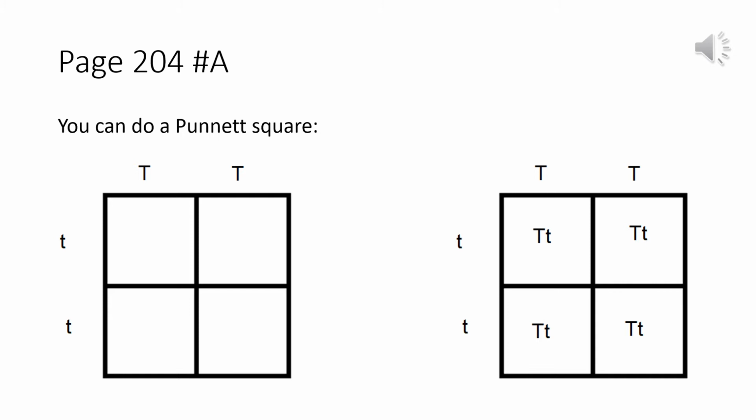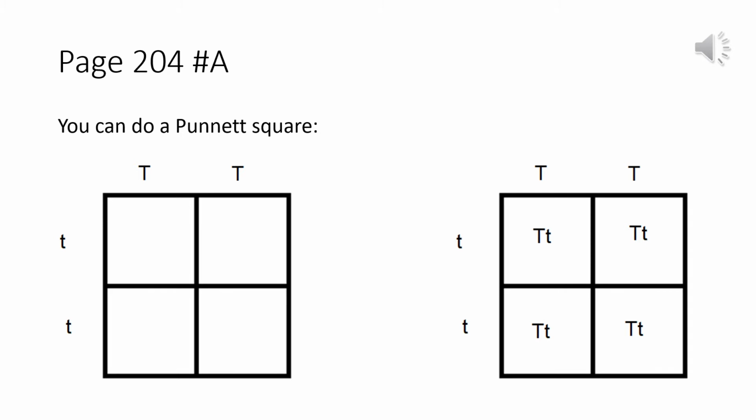So if you look at the Punnett Square on the right, we've got the big T's on the top, the little t's on the side, and all of them end with a big T and a little t in the box. When you combine the gametes, the first parent can only give a big T and the second parent can only give a little t, so you didn't really have to do a Punnett Square, although I was just showing you how to do it for practice here.